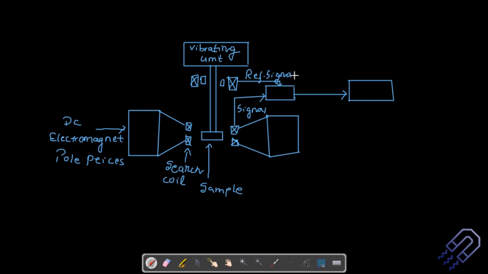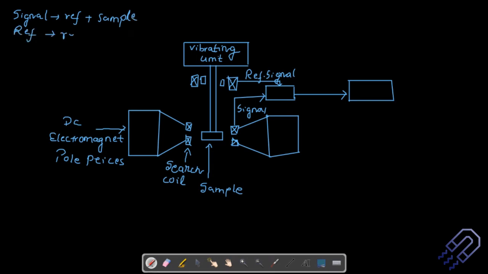The reference signal is because of the field. And the signal from the sample from here will be because of the field as well as the sample. So if I can subtract this reference signal from the signal, so we have got signal, which is nothing but reference plus sample, and the other one is nothing but the reference.